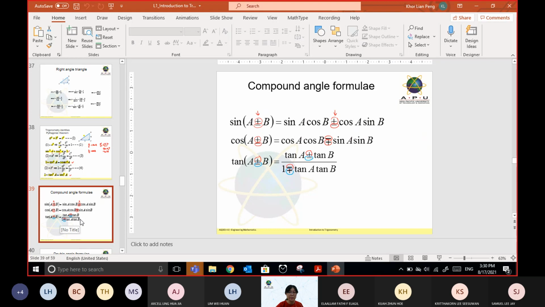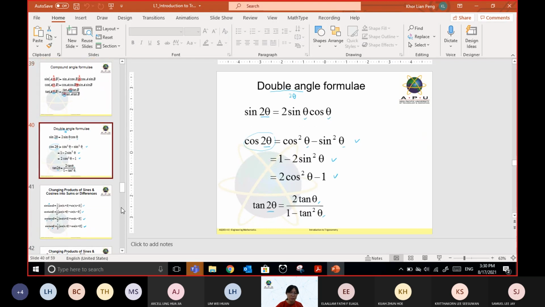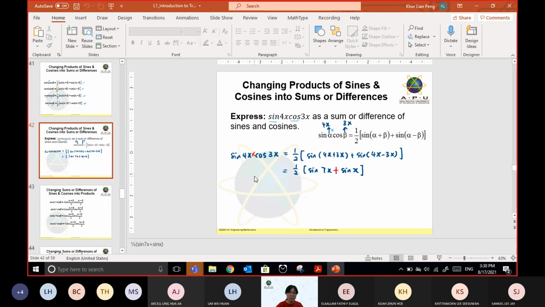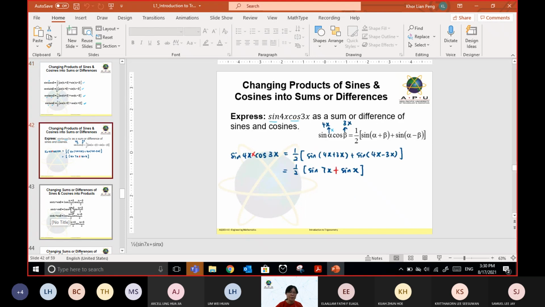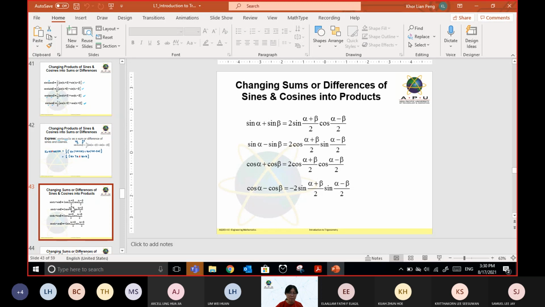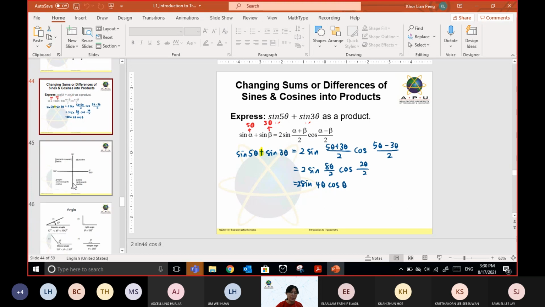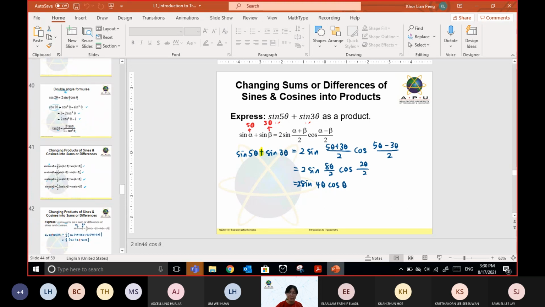The questions we are going to discuss later apply all these formulas: the double angle formula, how we change the product of sine and cosine into sums or differences, and also changing the sums or differences of sine and cosine into products. So what we are going to go through today, we are going to apply this.